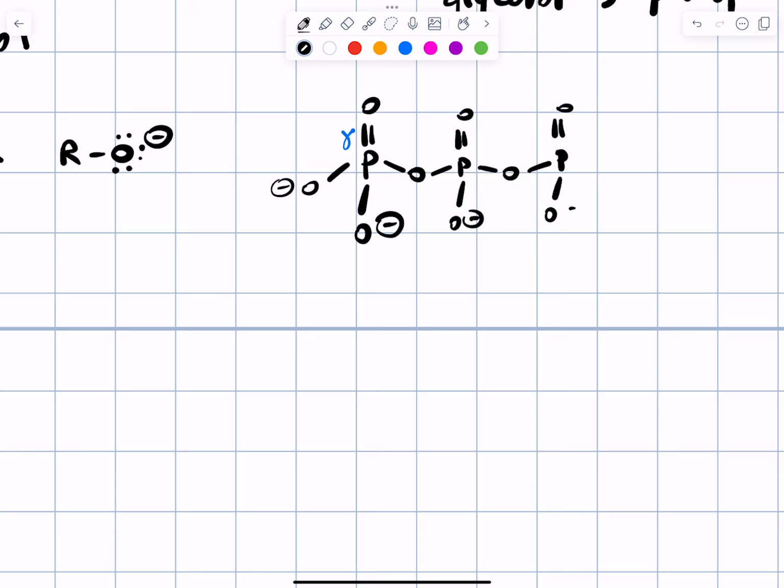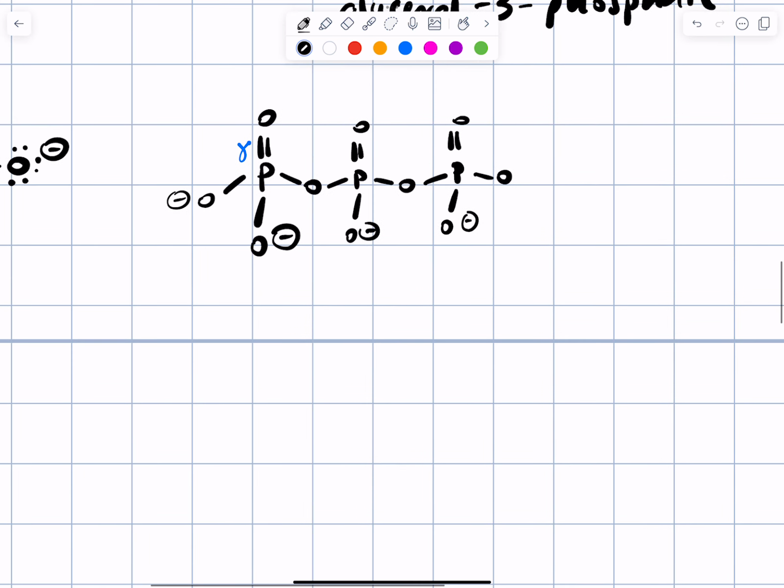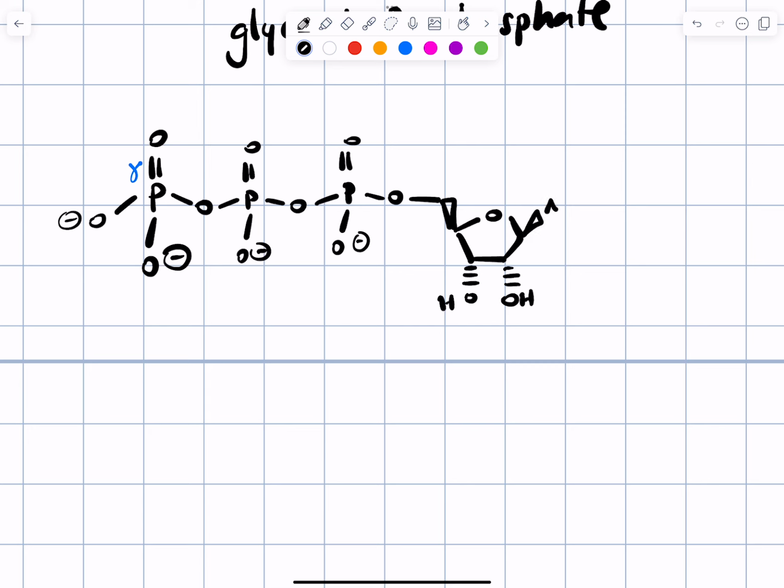So here's the triphosphate of ATP. Probably worth a little bit of practice since you're new on your nucleotide structure, drawing this out, making sure you can get it. So there's the adenine base. This is adenosine triphosphate.